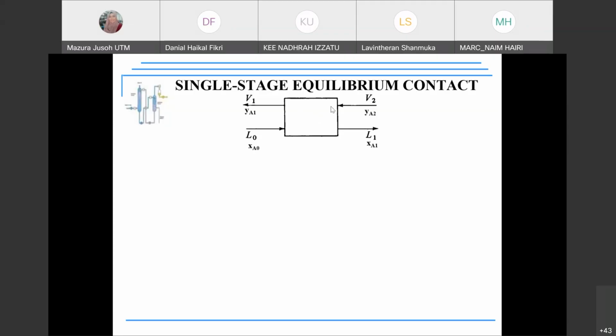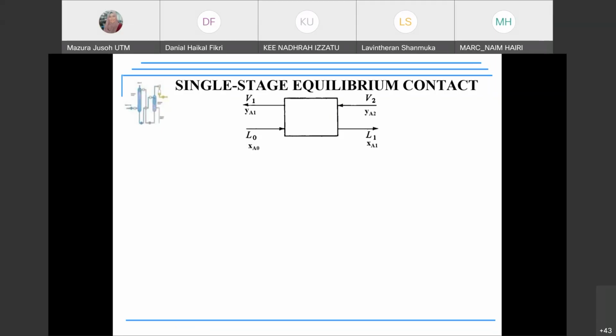Henry's law can be used in this application, where you see a single stage equilibrium contact. In humidification, you have been introduced to a few terms and symbols like L1, L2, G1, G2, HY, where HY is the enthalpy and H is the humidity. For a single stage equilibrium contact for absorption, you have to learn another set of terms and symbols.